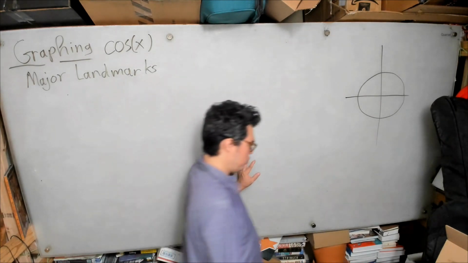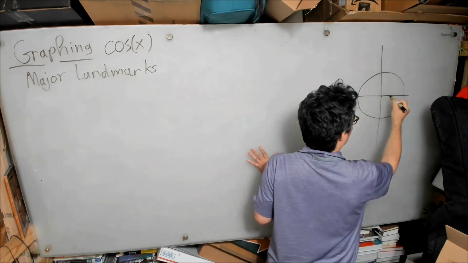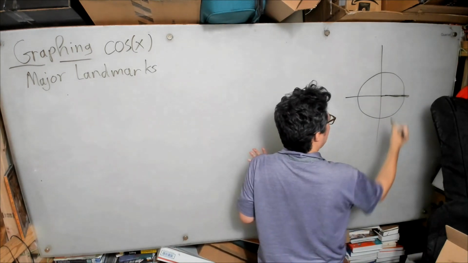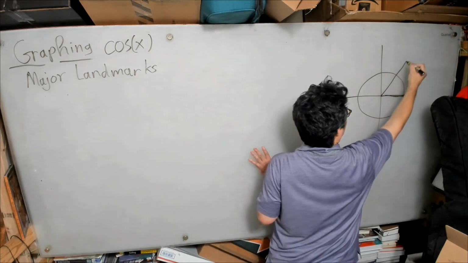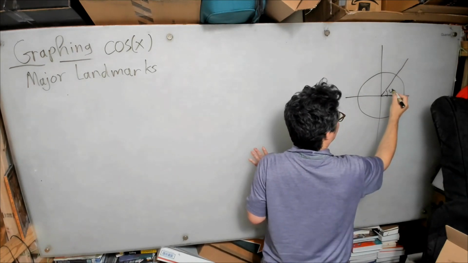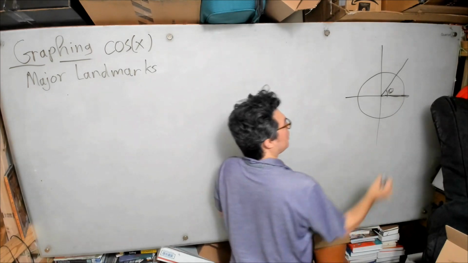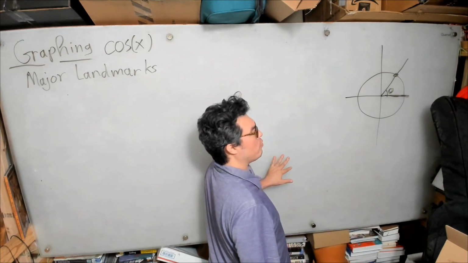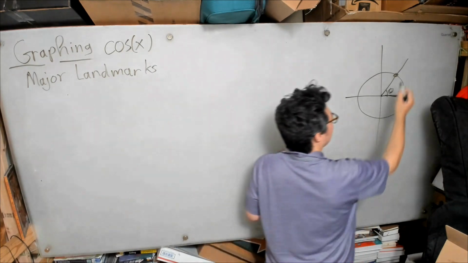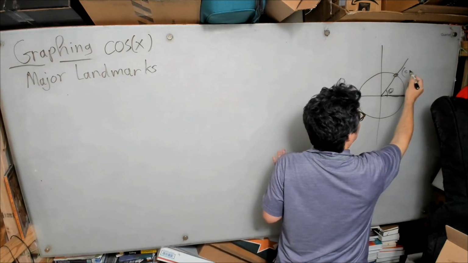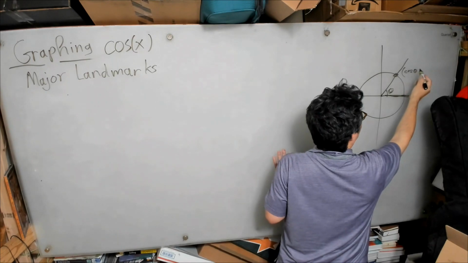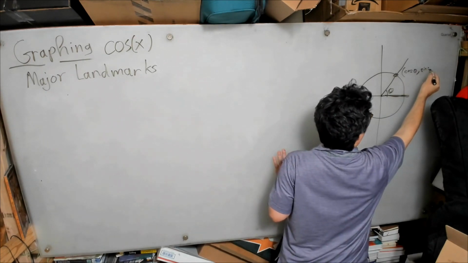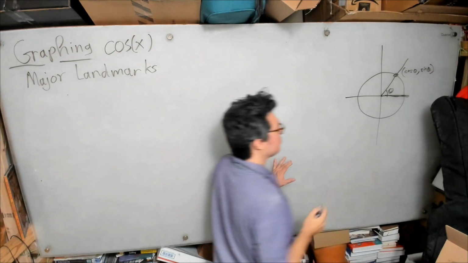So for example, if I have the initial side of an angle on the positive x-axis, and I open it up theta degrees like this, or theta radians, whatever the case may be, then the intersection point of the terminal side of the angle with the unit circle, that x coordinate is going to be exactly the cosine of theta, and of course the y coordinate is the sine of theta.